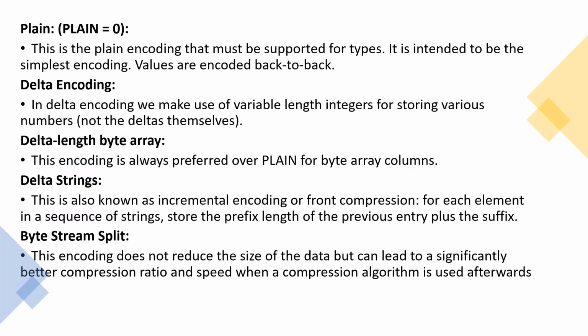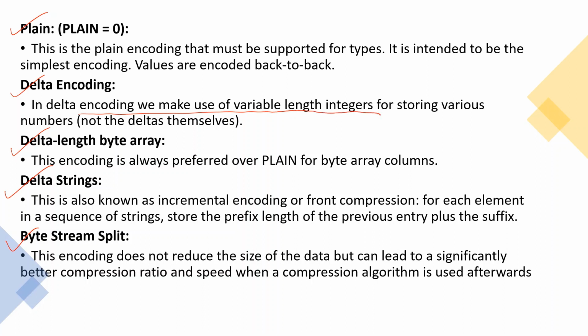These are the 5 remaining encoding schemes. First is plain. Next is delta encoding, third is delta length byte array, fourth is delta string, and fifth is byte stream split. Plain is the plain encoding that must be supported for the type. In delta encoding, we make use of variable-length integers.